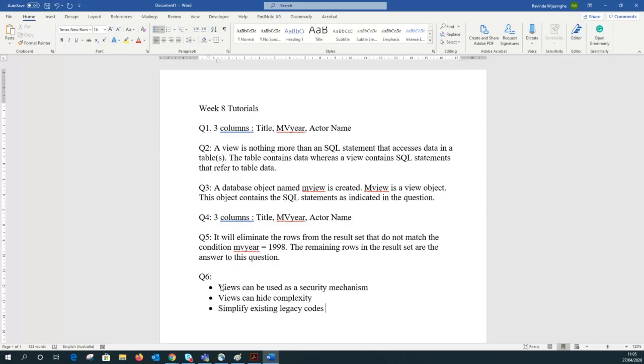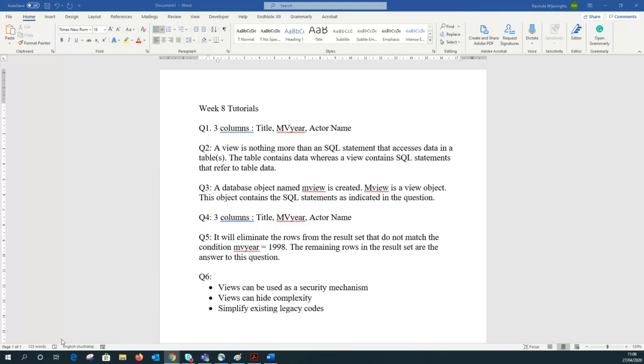So the power users, like the management team, don't feel any changes in the coding, because the view always uses the columns that we have assigned to it. That is another advantage of having views. So these are the three main advantages of why we create views. Okay.